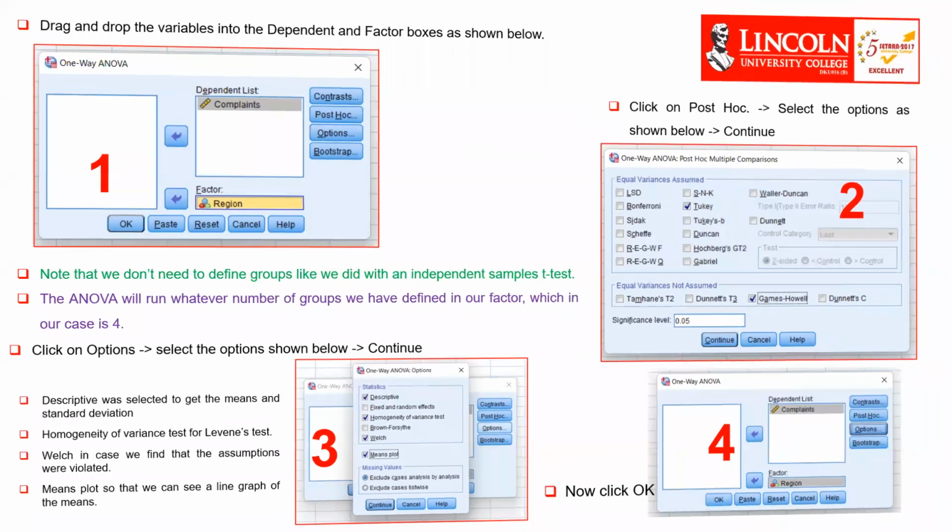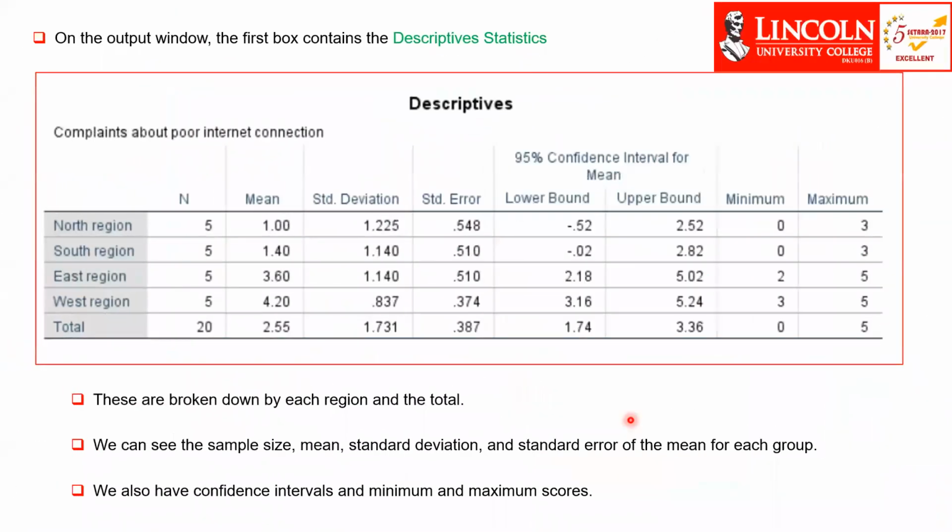So once you click OK, you should be expecting your output window. On your output window, the first box you'll be seeing is your descriptive statistics. These are broken down by each region. That's why you have North region, South region, East region, West region.